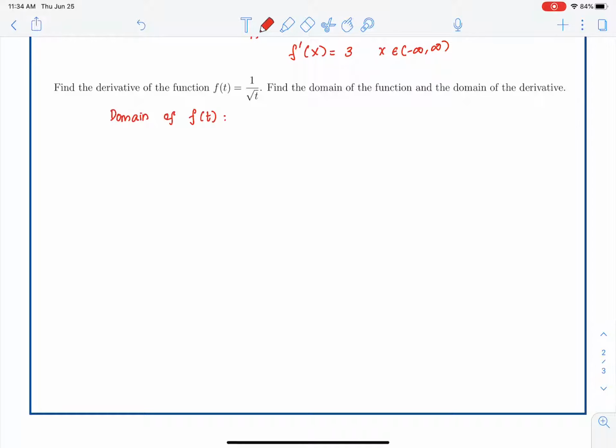If we plug in 0, the denominator would become 0, and 1 over 0 is undefined, so the domain has to be negative infinity to 0, union 0 to infinity. So this is an infinite discontinuity at t equals 0.